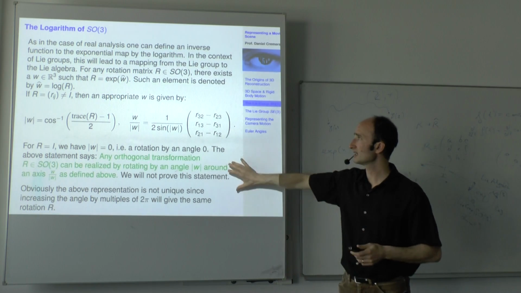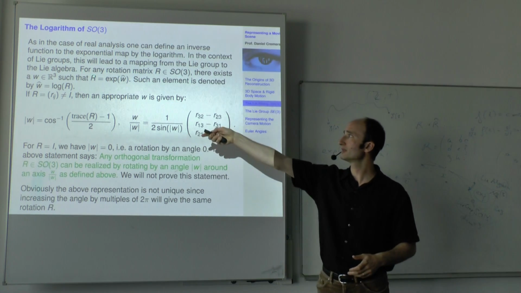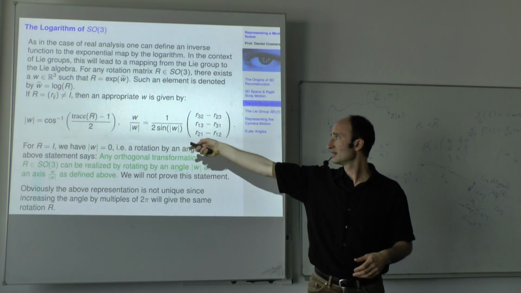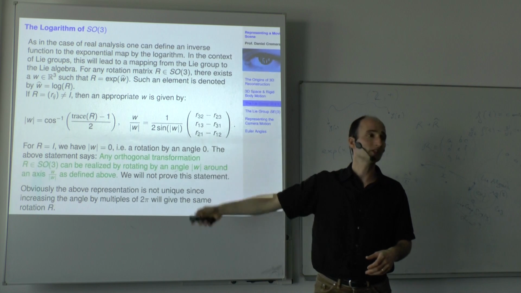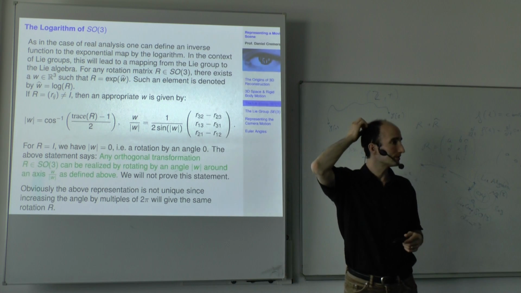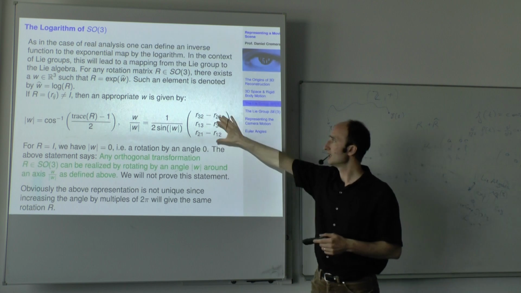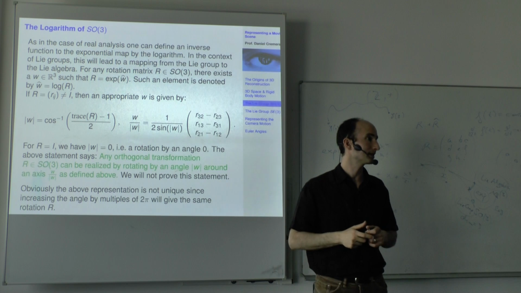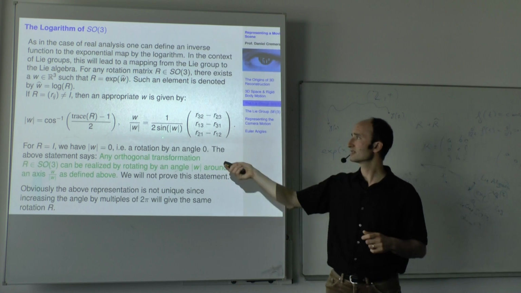But that is basically what this states. Give me the rotation matrix and I can construct the rotation angle and the rotation axis in this fashion. So that turns out to be rather useful, actually. If someone gives you a rotation matrix, you can construct the rotation axis and the angle automatically.